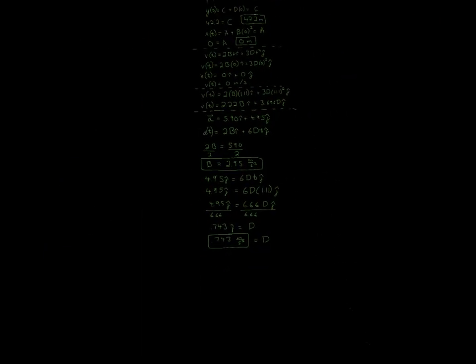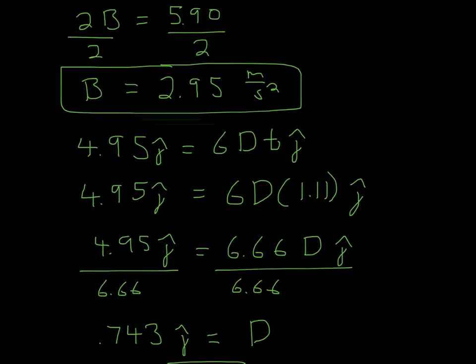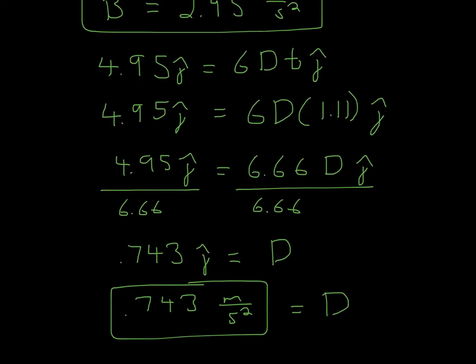So going back to that problem, I can set them equal to each other, because this is at 1.1 seconds. All I have to do here is make the time 1.1 seconds, and I can set these equal to each other. So that's what I do.